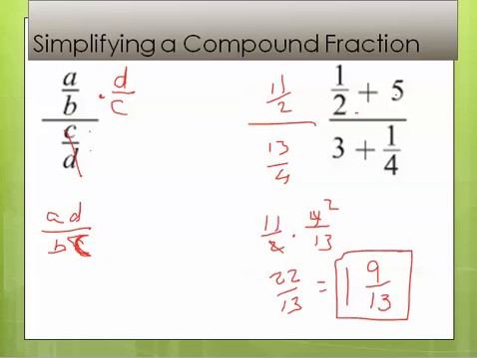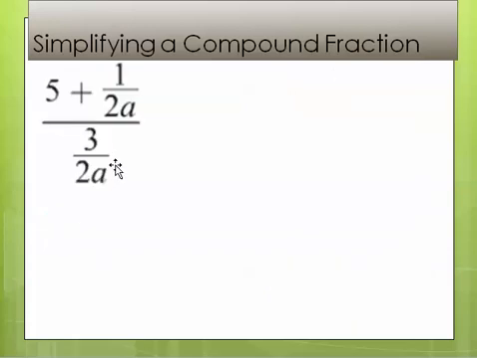Okay? Let's look at another one here. This one's the polynomial one. So I'm given 5 plus 2a. I'm going to put this as 2a over 2a. That's going to give me 10a plus 1 over 2a. And I'm going to be multiplying that times 2a over 3.